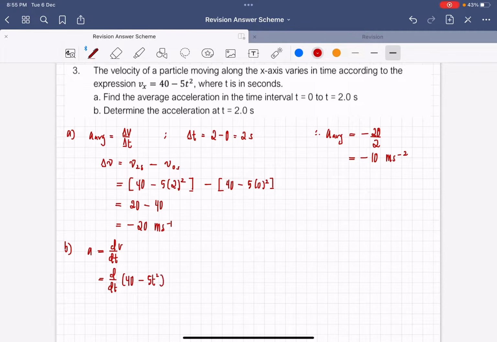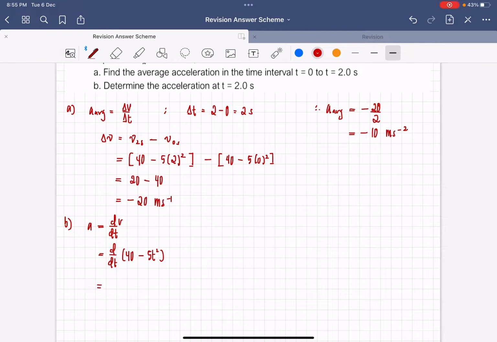Okay, so this one, the 40 is going to be 0 because there is no t there, so when we derive it, we will ignore it. So now we can consider 5t squared only.